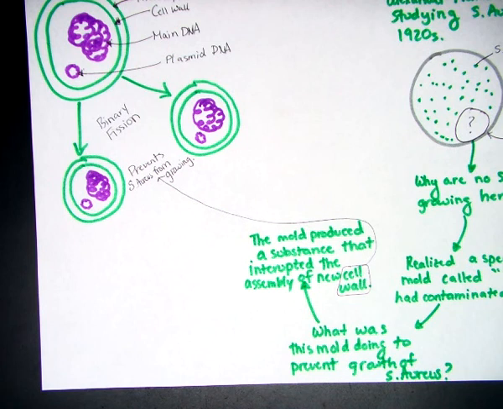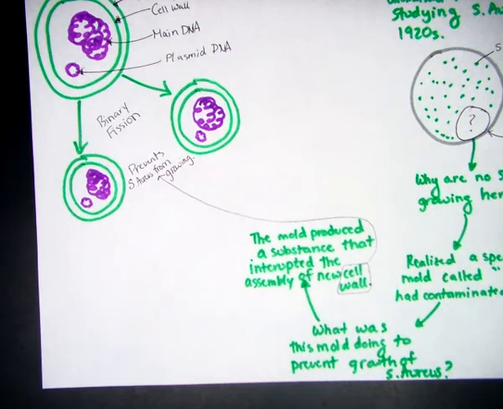Penicillin is a mold, produces a substance, interrupts cell wall assembly, which prevents the growth of Staphylococcus aureus. And this was the first time they'd ever found a substance that could interrupt that process.